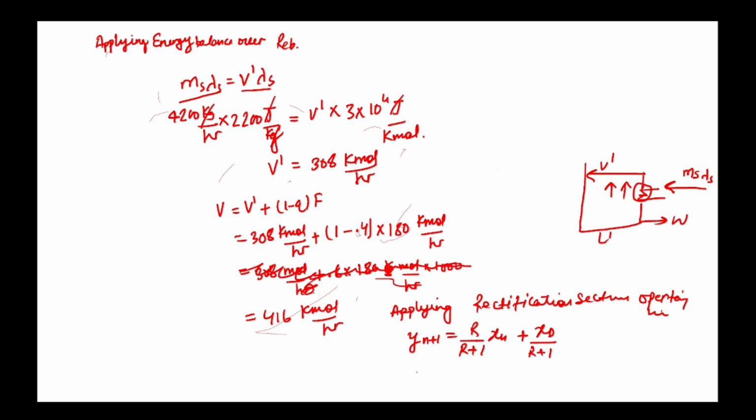Put all the values. We have everything; we have to find yn plus 1. R is 3.16, plus 1 is 4.16, xn is 0.7, plus xD 0.98 upon 4.16, we will get 0.771. Okay, so this is the final answer.